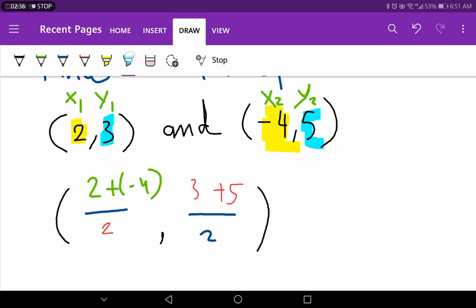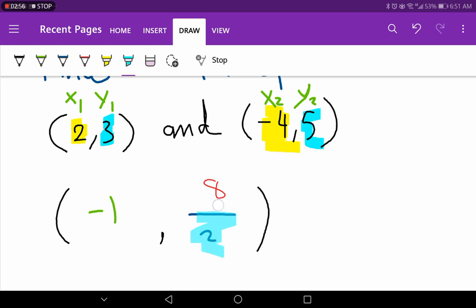So calculate them. This gives me negative 2, and this gives me 8. And negative 2 over 2 gives me negative 1. And 8 over 2, my dear student, gives me 4. My dear student, as I said, I know you know.